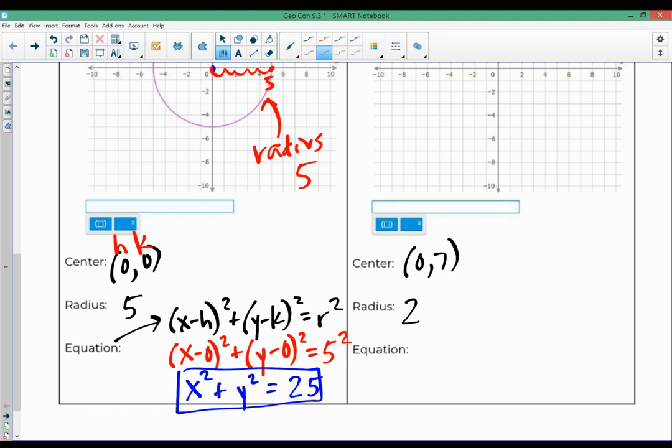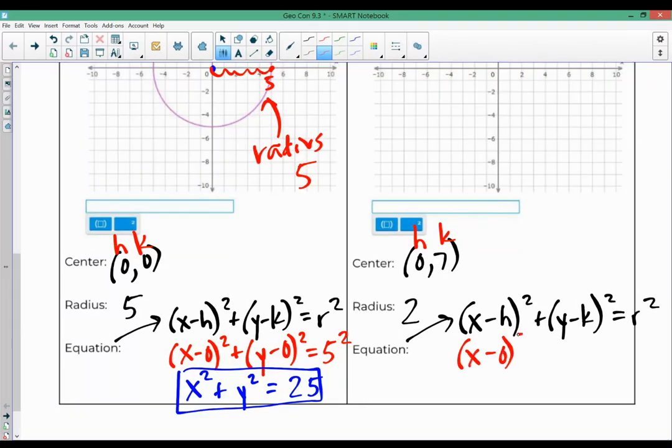So again, the center is h, k. Our standard form of the equation is (x minus h) squared plus (y minus k) squared equals r squared. So let's plug in what we know. That's (x minus 0) squared plus (y minus 7) squared.